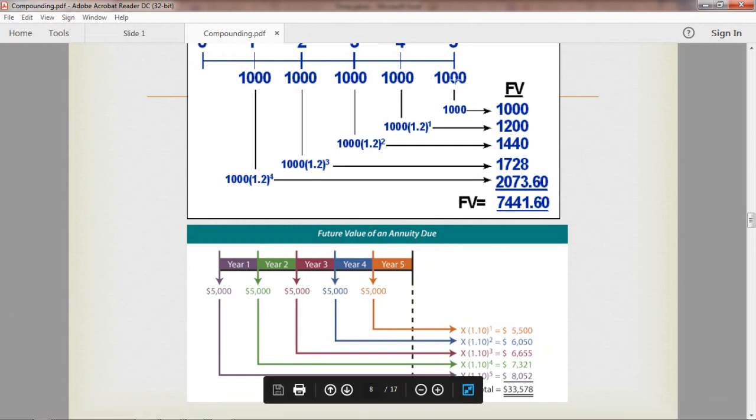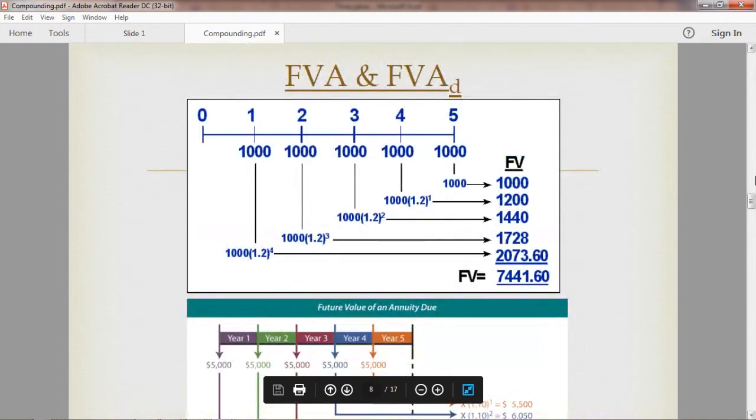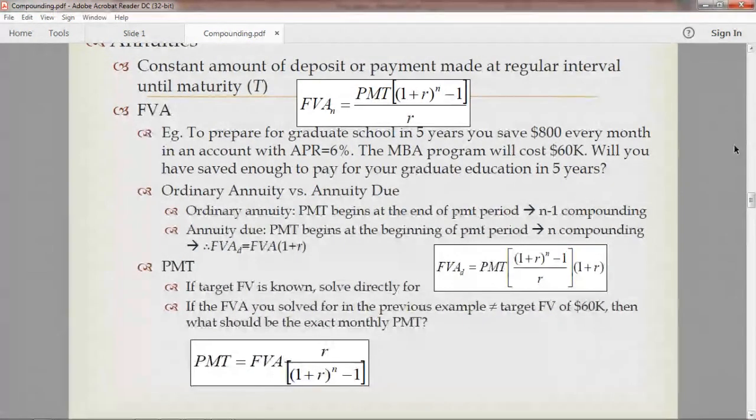Look at the number of payments. It's not one more payment. It's one more compound. Look at the number of payments. They are the same. 5 payments, 5 payments. But the difference is each payment in the annuity due has one more compounding. So that means the formula for future value of annuity due will be like this.